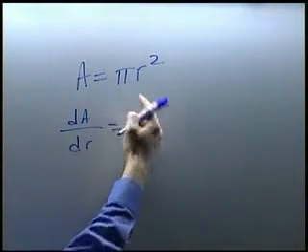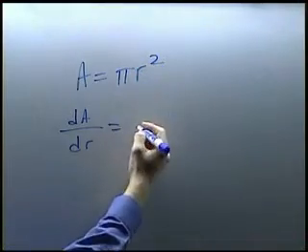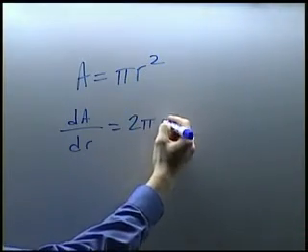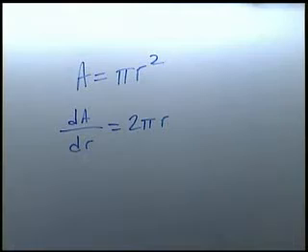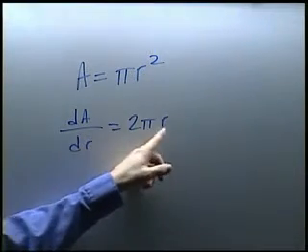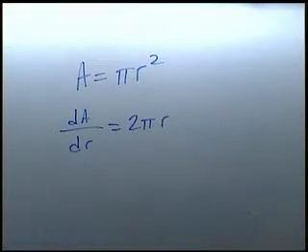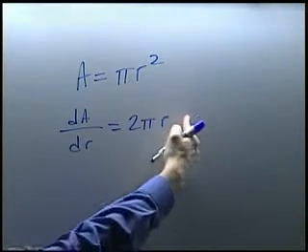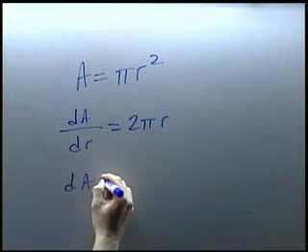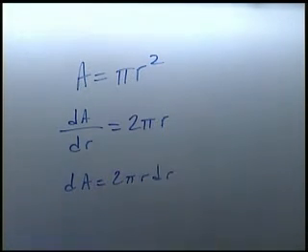What's the derivative over here? Just 2 pi r. R is like my variable, so it's just 2 pi times r to the first. Differentials allows me to multiply that dr across. 2 pi r dr.